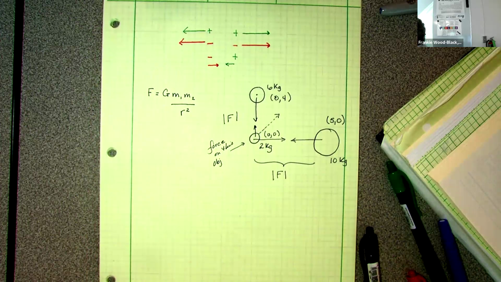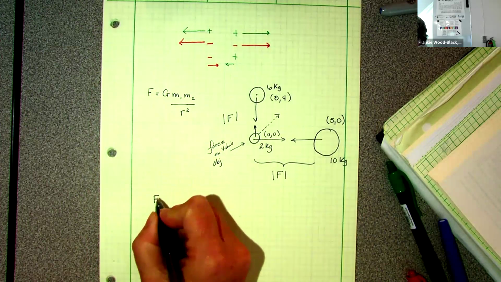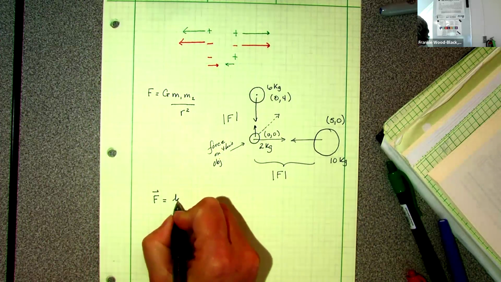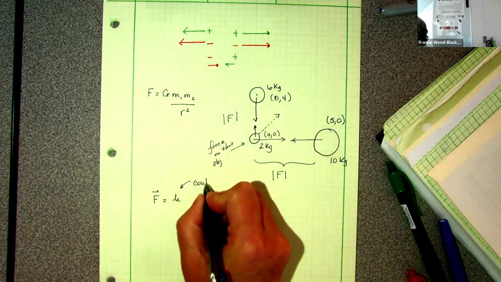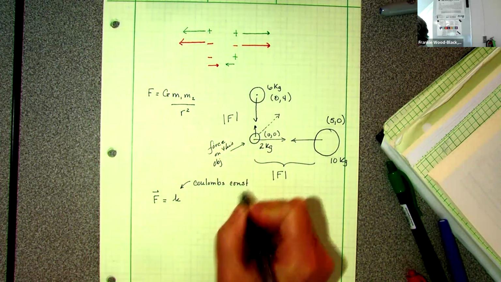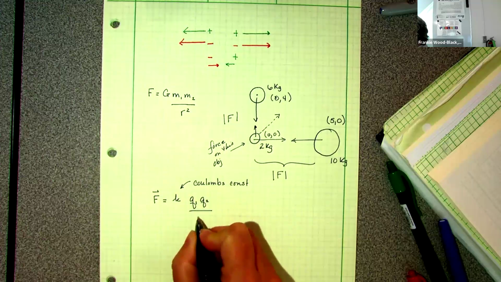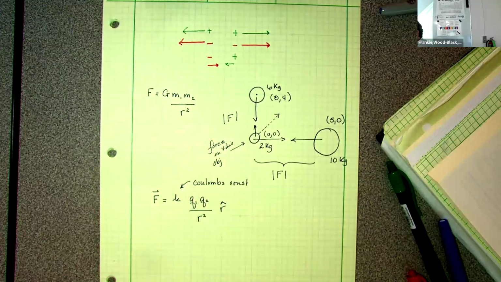Now, for our charges, which we talked about and went through, the force is going to be k, where this is Coulomb's constant, times charge 1, charge 2 over r squared, in the r direction for my two charges.